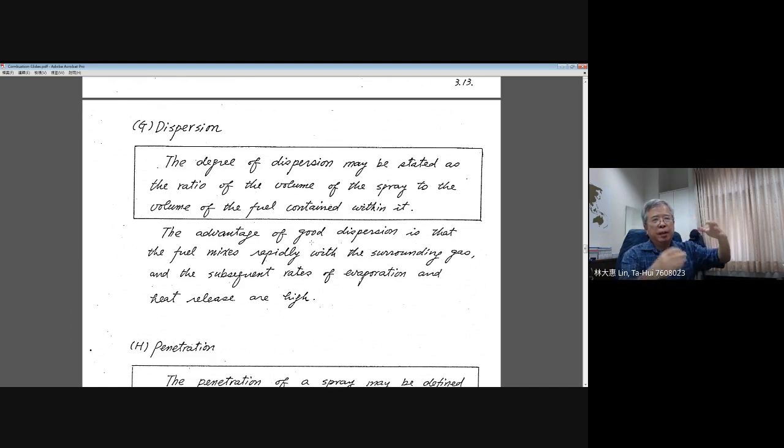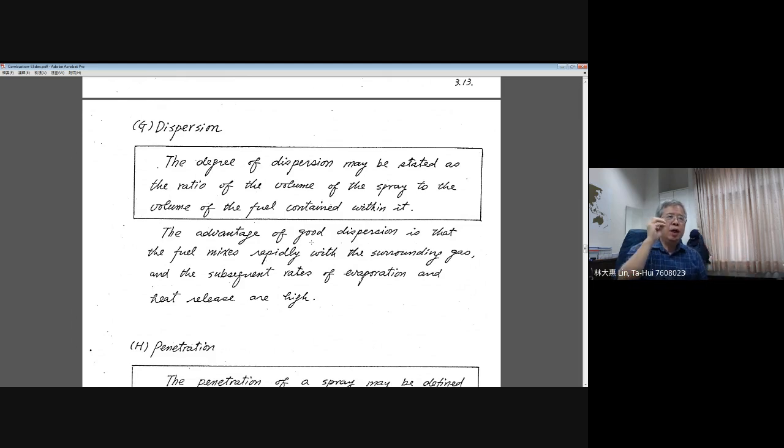Simply think about it: you have a spray volume, but the fuel volume is just small. That means that in this volume you do not have too many droplets. Then in this case, you refer to the so-called dilute spray. Dilute spray means that in the spray field, you do not have too many droplets.